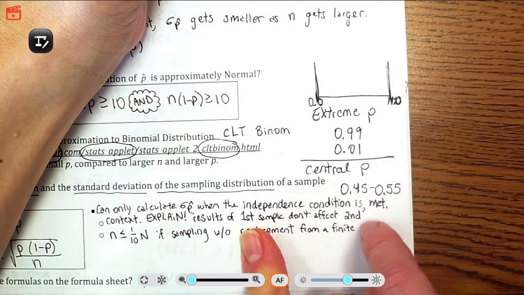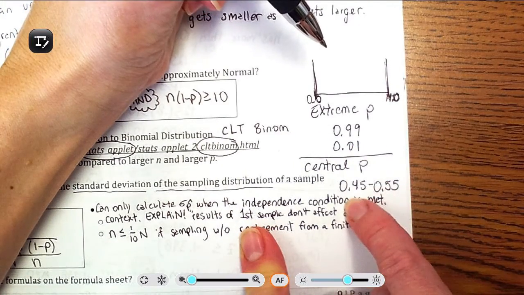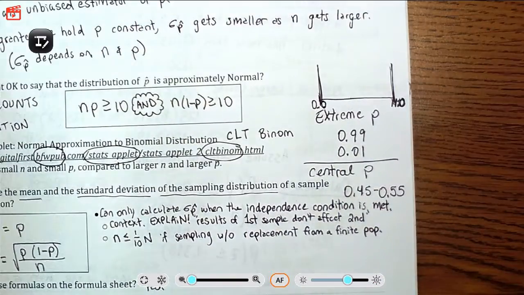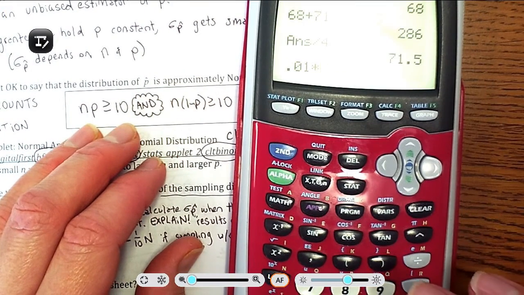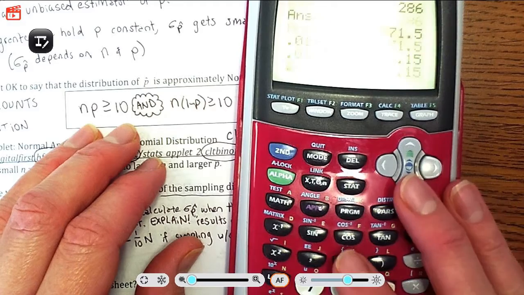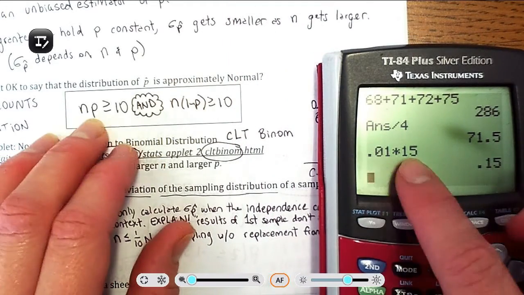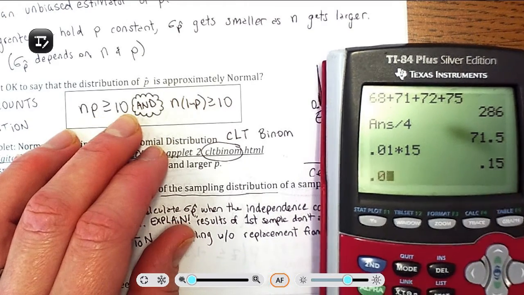So now if p is very extreme, like 0.99 or 0.01, then we would have to have a very large sample size. So 0.01 for a sample proportion times a sample size of 15 does not get us a value of 10.